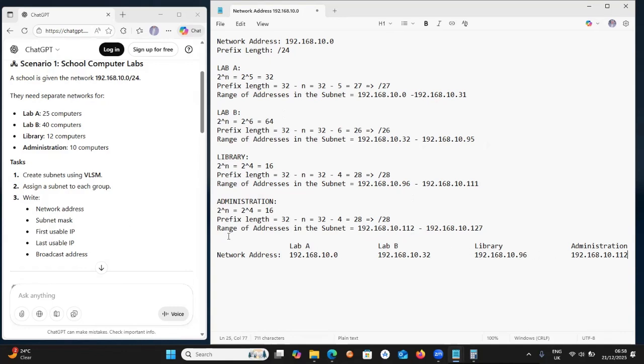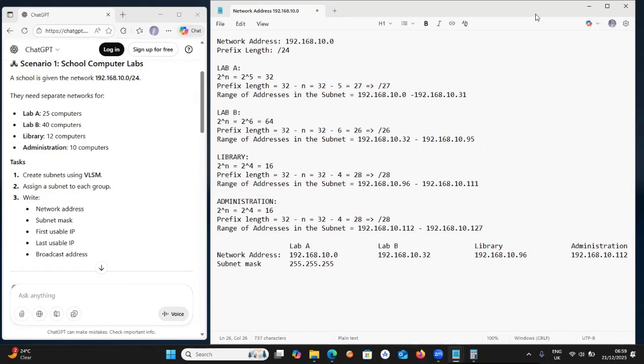Now, the next thing we want to do is subnet mask. We already have the prefix length. The prefix length of 27 is, let's say the first 24 is 255.255.255.